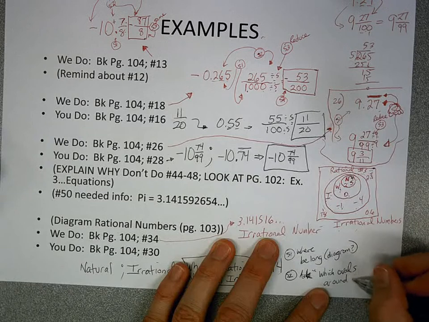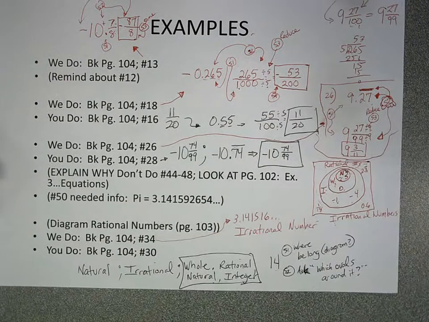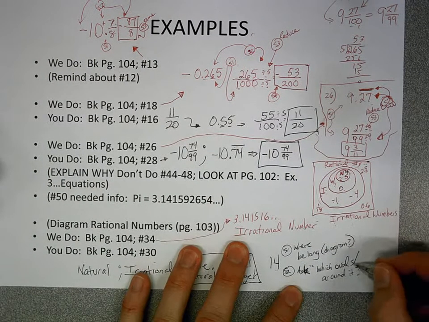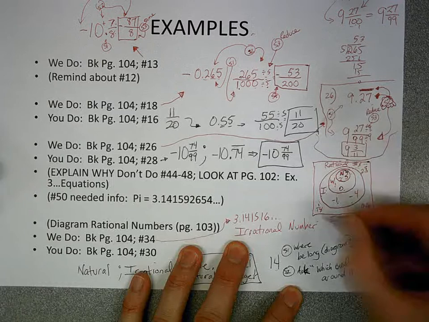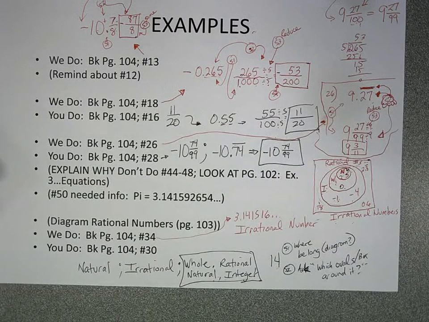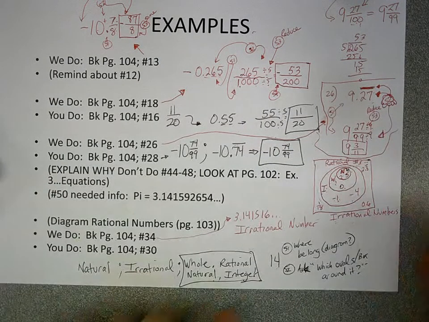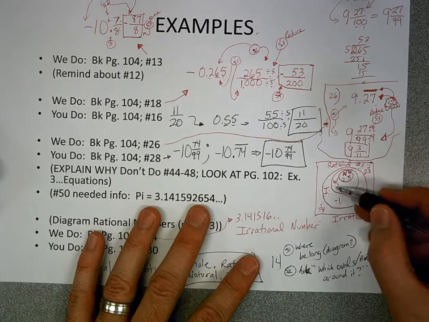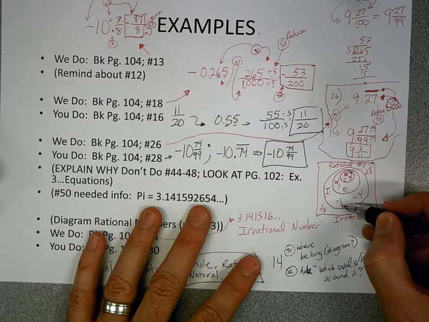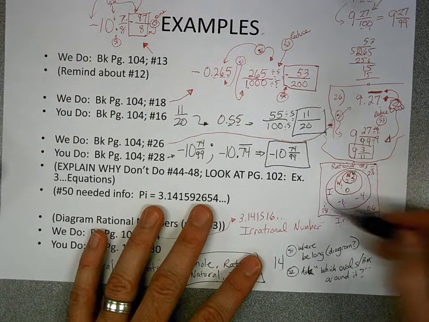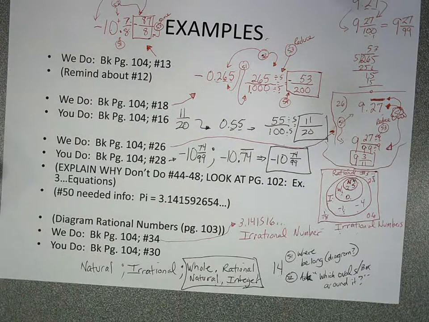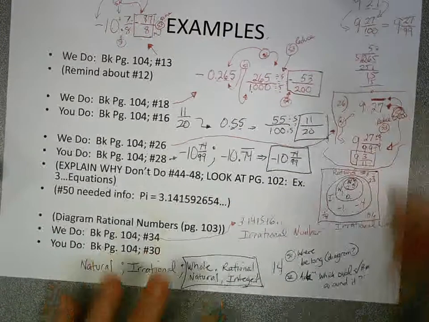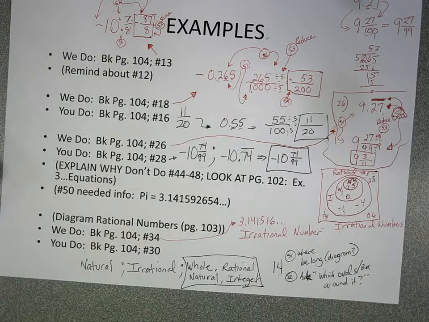Because that will tell you which one it is. Now, of course, oval slash box, right? Because the rational number box is around it as well. So if it just happens to be in the integer oval, then the natural and the whole number circles aren't around it. It would just be the integer one in the rational number box. So you find its spot and then you work outwards from there, not inwards. That's another way to explain it.